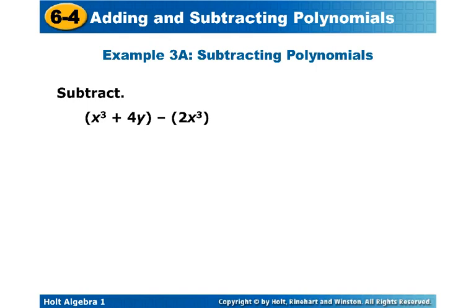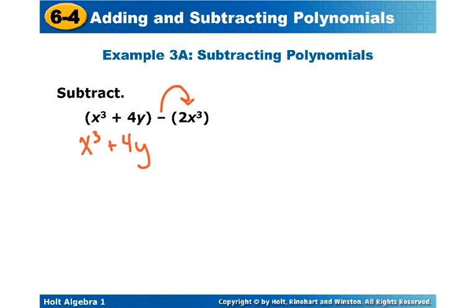So let's look at this first one, which ends up being a little bit easier for you guys. So you have x cubed plus 4y minus 2x cubed. Just for the purposes of practicing, we're going to distribute this negative 1 in. So now rewriting this term, it becomes x cubed plus 4y.